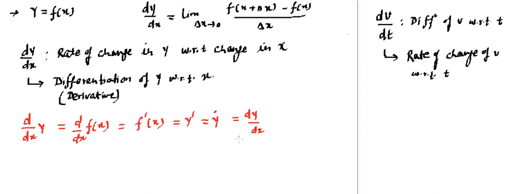Okay, and these are the notations that you have seen, and this is the definition. But this is a very basic definition, and we are not going to follow this to calculate because it's going to be complicated. In maths you are going to learn in more detail what this is and how we are going to calculate it. What we are going to do from now onwards is learn the rules by which we will be able to find the derivatives or differentiation of y with respect to x.